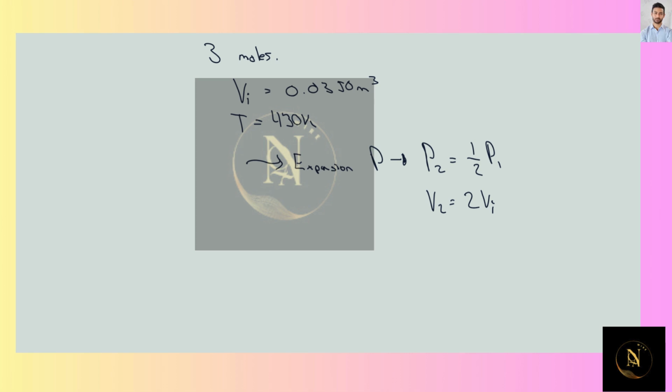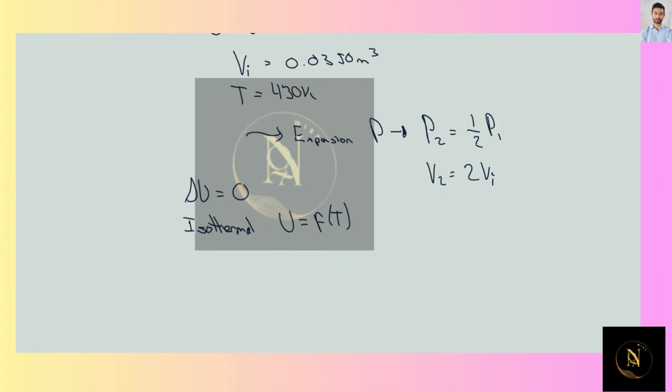Since we have an ideal gas, the change of internal energy is going to be equal to 0 because we have an isothermal expansion. This is because the internal energy for an ideal gas is only a function of the temperature of the system.